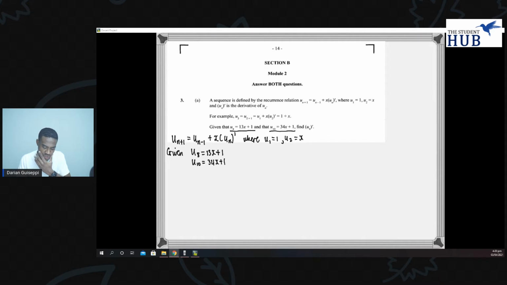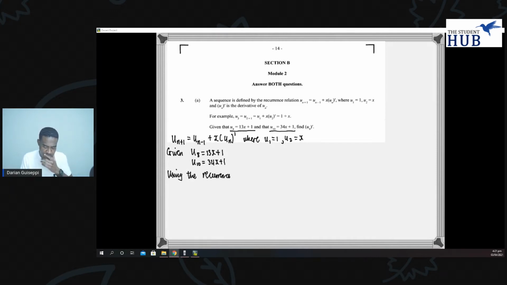So to get u10, we could substitute n as 9, and we would get u10, and here you would get u8, because 9 minus 1 would be 8. And then here you would get u9, and then you'll be able to make some substitutions. But I'm just talking here. Let me put it down and you'll actually see what I'm talking about.